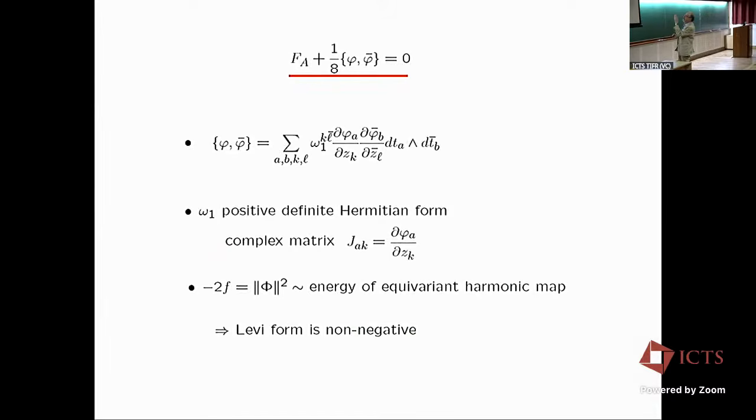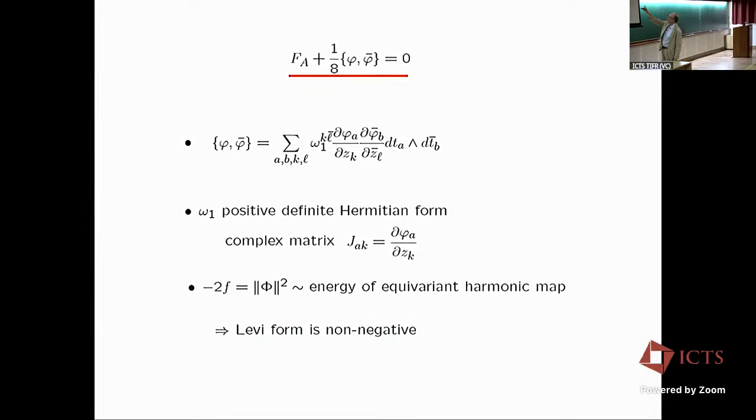On the other hand, we have this equation, Fa plus phi phi bar equals 0 on an eighth, which gives another expression. So phi phi bar is now, if you like, we take the Hamiltonian vector field with respect to phi and the symplectic form omega 1 KL bar. And you see that this is a different expression for the curvature. And so what does it look like? We've got omega 1 is a positive definite Hermitian form.